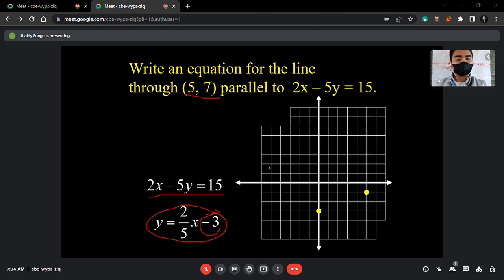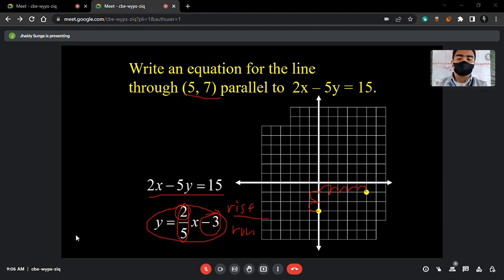Of course, from your slope. We rise 2: 1, 2. Rise over run, right? From this part, we are going to run 5 times: 1, 2, 3, 4, 5. So that's why the next point is at this point.